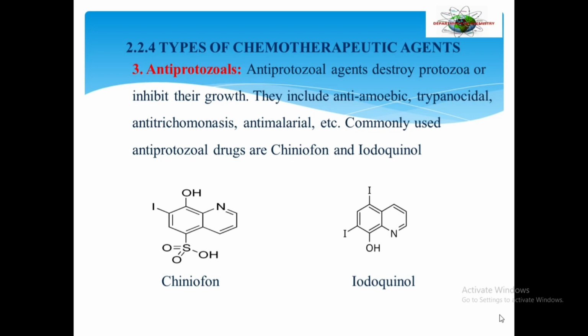What is trichomonosis? That is a sexually transmitted disease caused by a parasite. And anti-malarial. Commonly used antiprotozoal drugs are xenophon and idoquinone. These are the structures of xenophon and idoquinone. In both the structures, the common molecule is quinoline.